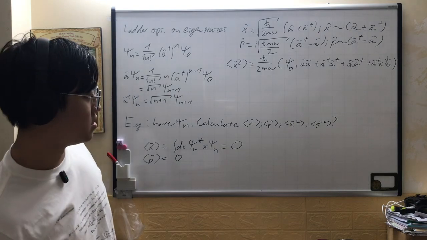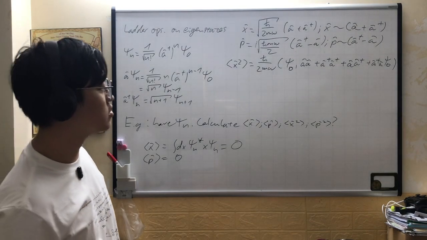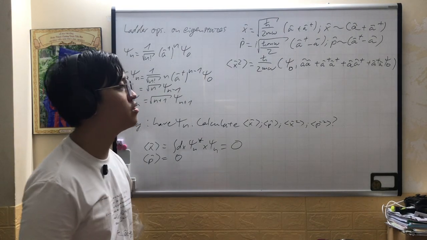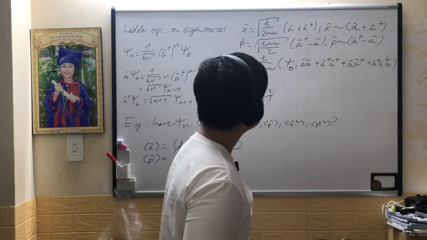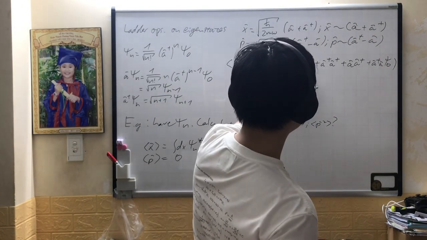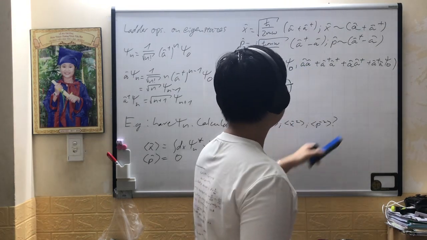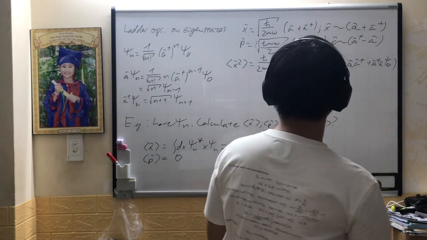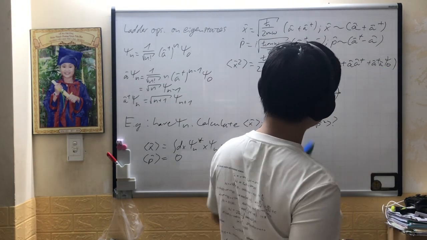And immediately you can see which term would contribute and which term would terminate. So this a double a on this gives you 0, so that term doesn't work.